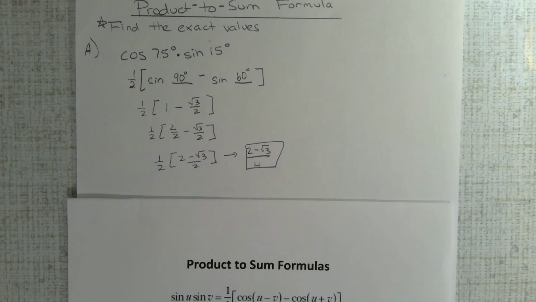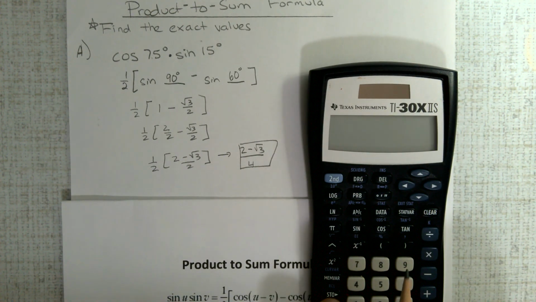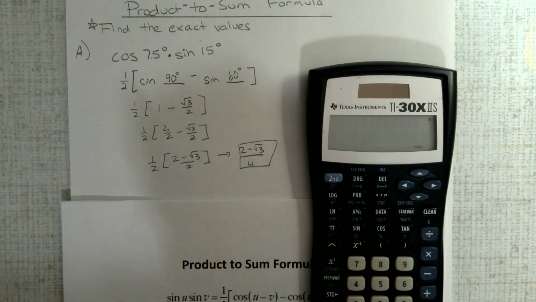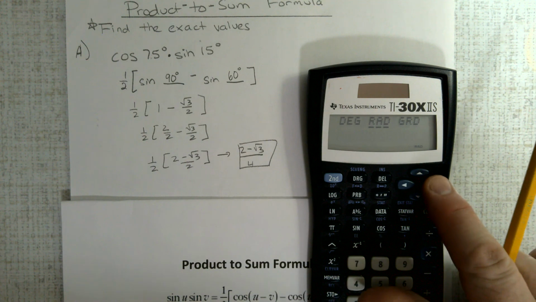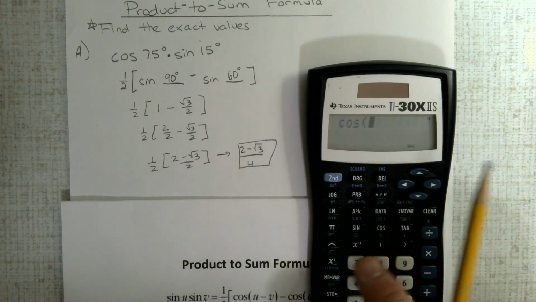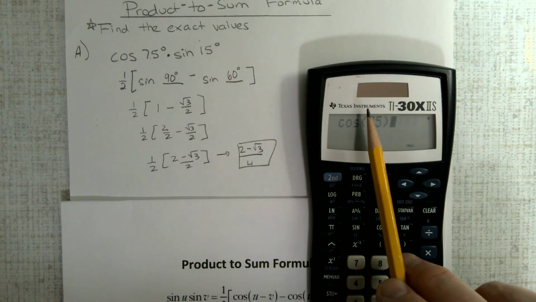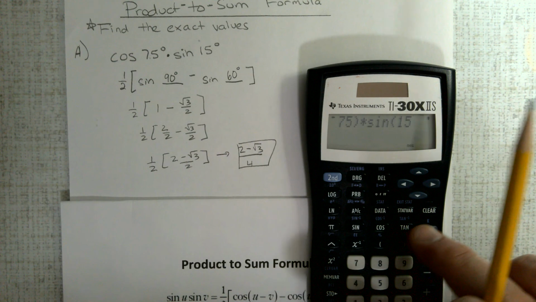Now we have calculators. Just to check it here, you're not going to want to do this with a calculator because when we quiz on this stuff we will not use a calculator. But if I type this in, let's make sure we're in degrees. I recommend you check it with a calculator. Don't do it with a calculator, but definitely check it. Cosine of 75 times sine of 15.